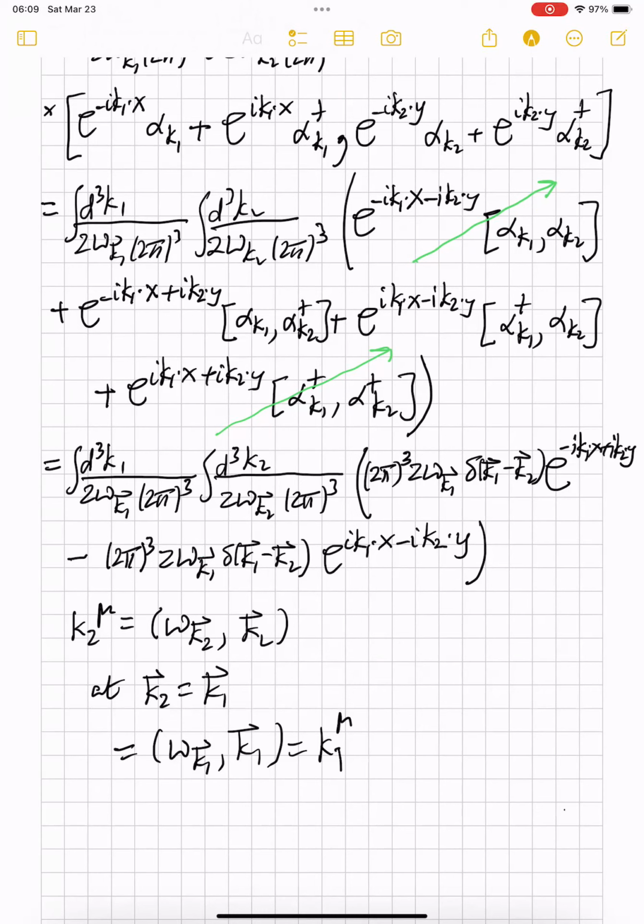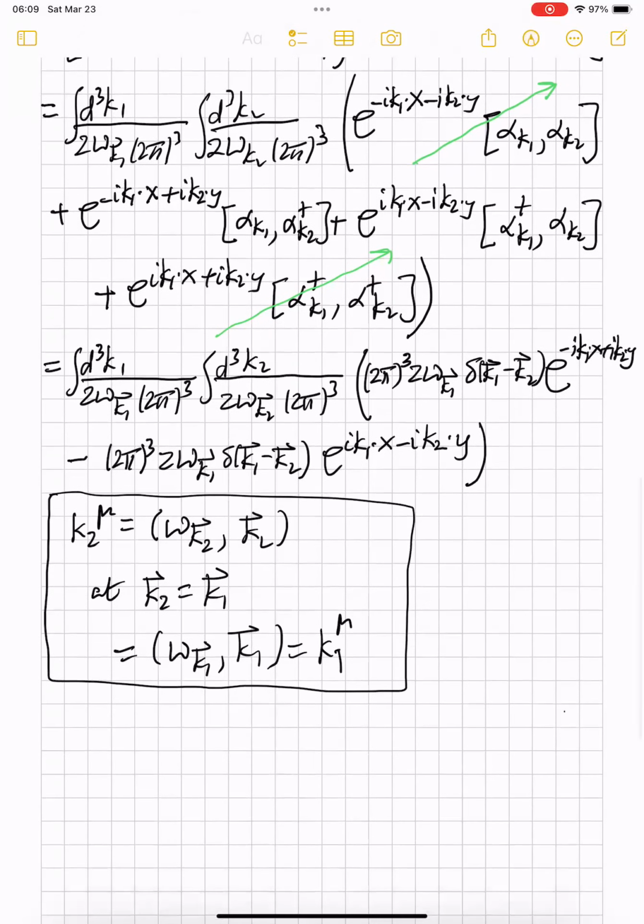So even though the delta function only sets the spatial components of the momenta equal to each other, this is good enough to set the two 4 vectors equal. So I'm going to integrate over k2 using the delta functions, and the delta function will set k1 as a 4 vector equal to k2 as a 4 vector.